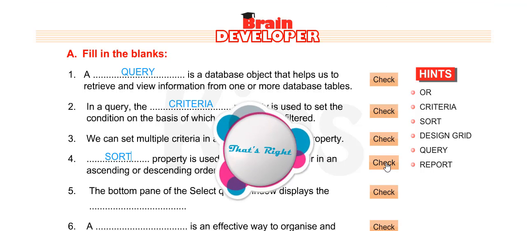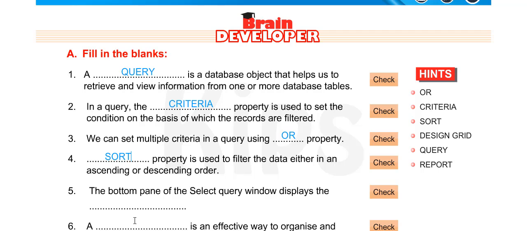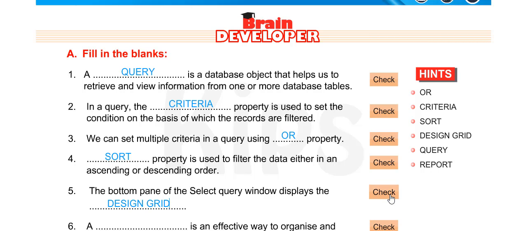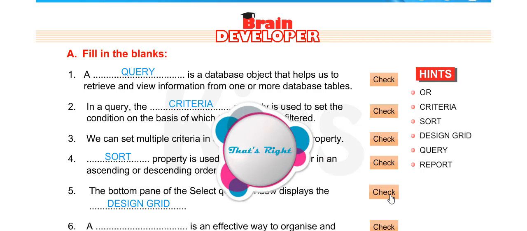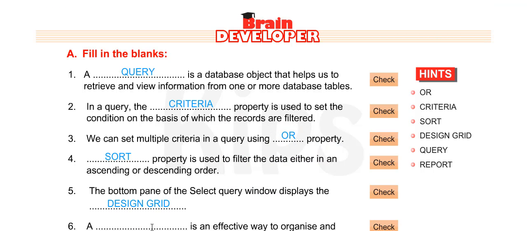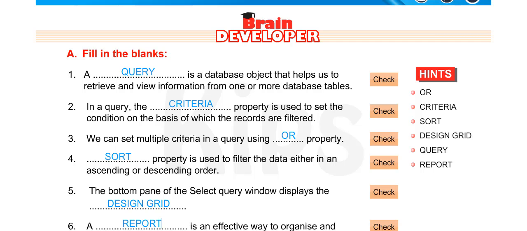Then the bottom pane of the select query window displays the design grid. Right, children? Right there, design grid. See the sixth one. Dash is an effective way to organize and summarize data. So wherever we use these two words, organize and summarize, it's always the report. Got it?